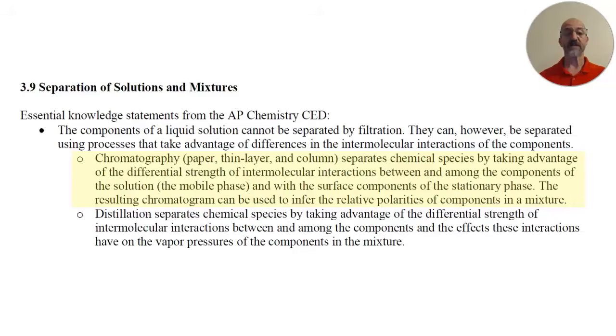And we also have distillation. Distillation separates chemical species by taking advantage of the differential strength of intermolecular interactions between and among the components and the effects these interactions have on the vapor pressures of the components in the mixture. So now let's move on to the practice for topic 3.9.